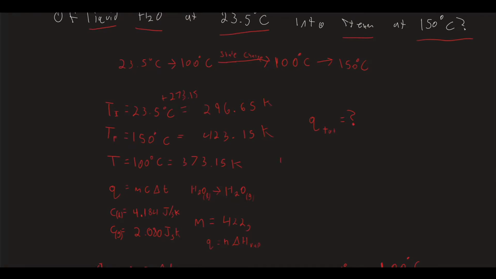So we have 422 grams of H2O. And if we have 1 mole of H2O, that is approximately 18.02 grams of H2O.